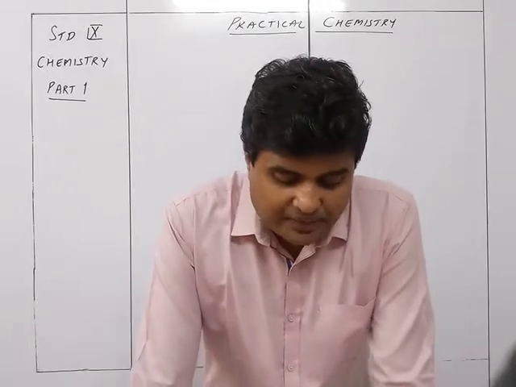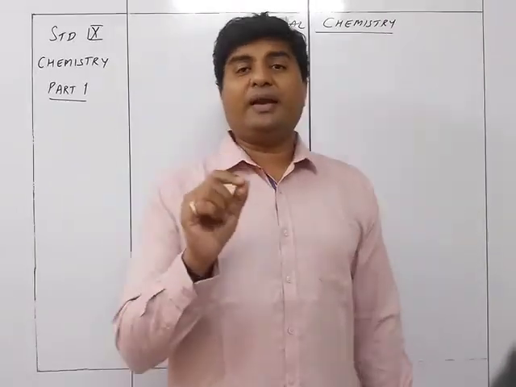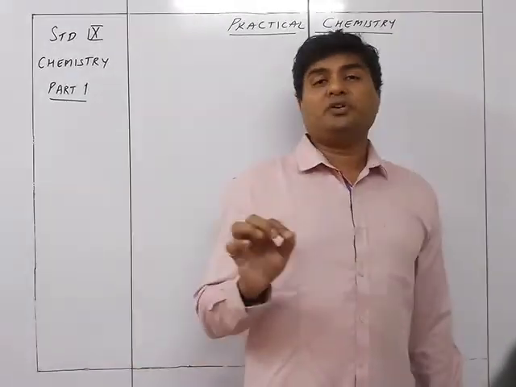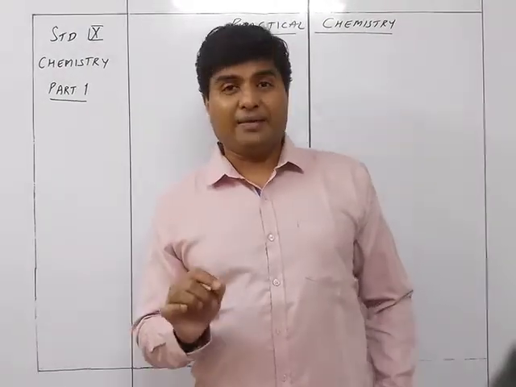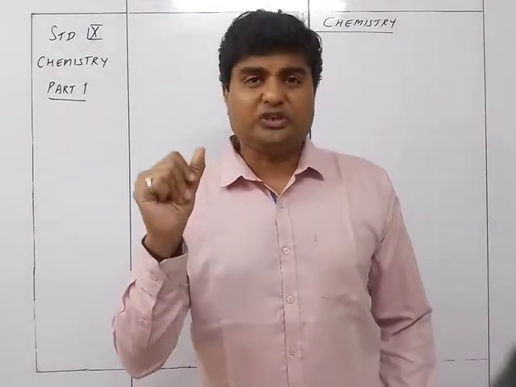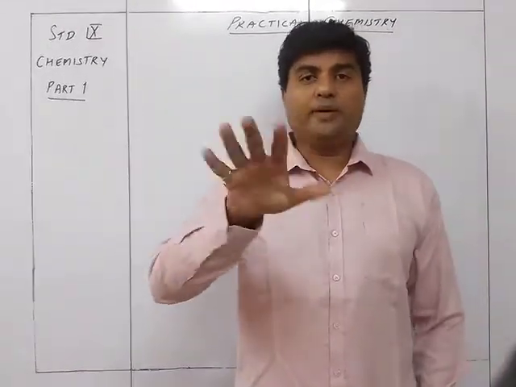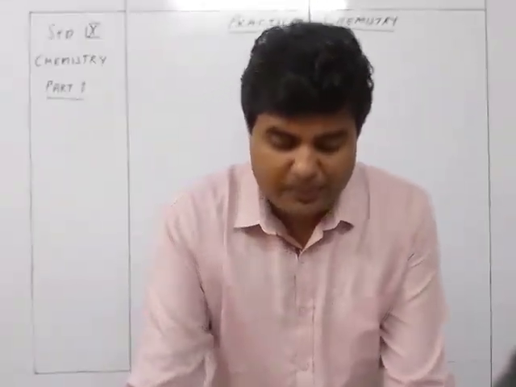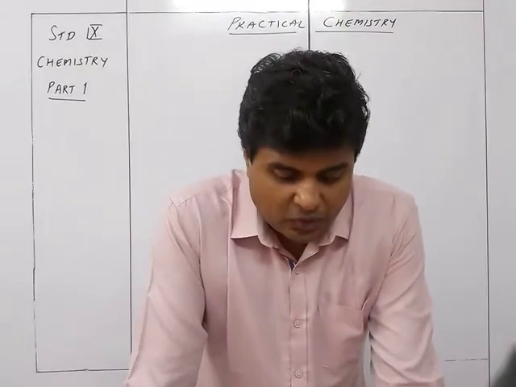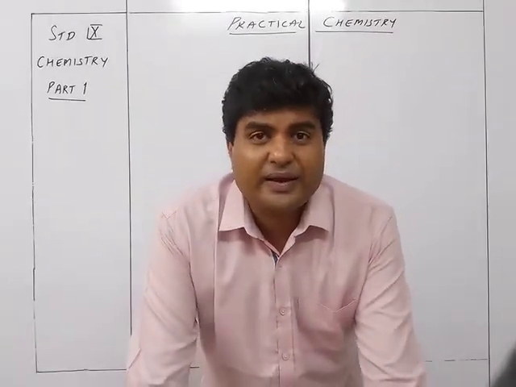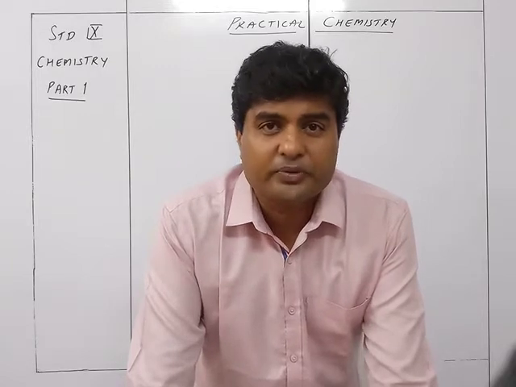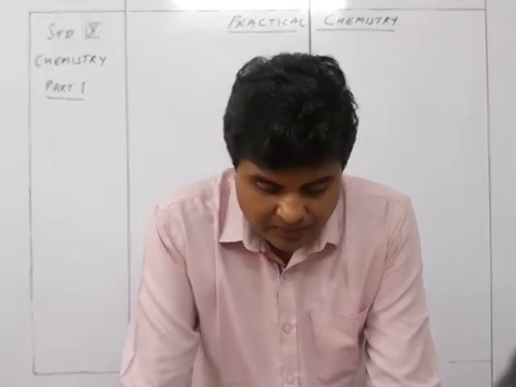So first is the blue litmus test. Now here is a very important thing. Blue litmus paper is going to turn red and then it is going to bleach, because chlorine is a bleaching agent, so the color vanishes. There is no blue now, it becomes white. So the blue turns red and then gets bleached, which is a very important observation in case of chlorine gas.